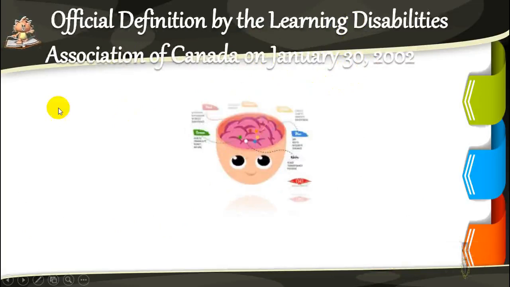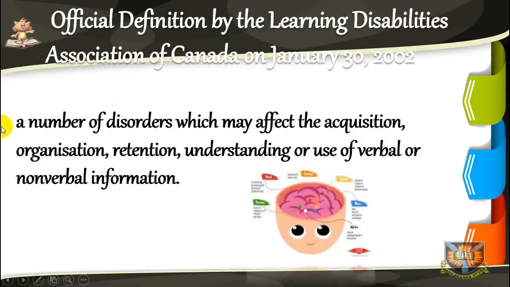The official definition of learning disabilities adopted by the Learning Disabilities Association of Canada on January 30, 2002 states that learning disabilities refer to a number of disorders which may affect the acquisition, organization, retention, understanding, or use of verbal or nonverbal information. These disorders affect learning in individuals who otherwise demonstrate at least average abilities essential for thinking and/or reasoning.